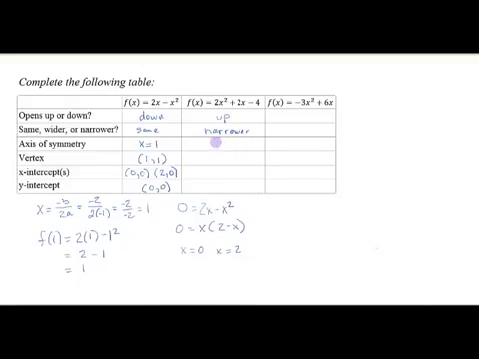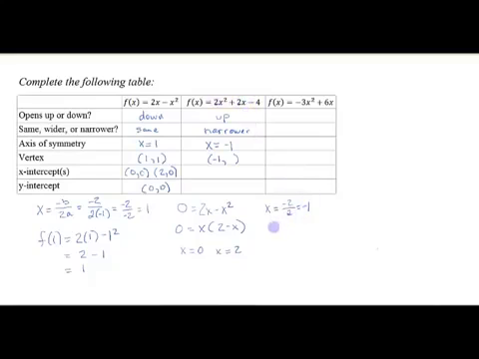The axis of symmetry is going to be x equals negative b over 2 times a, so that's x equals negative 2 over 2 times 1, which is 2, so we get negative 1. And the vertex will be negative 1 for the x, and we'll find the y by putting negative 1 in.